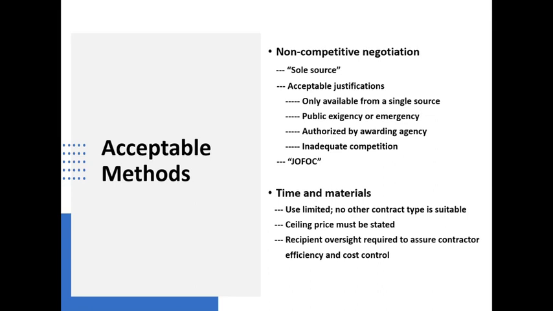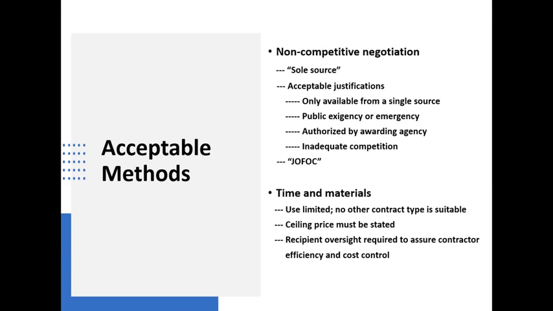Now, the final method or justification is where there's inadequate competition. But this is not something you know going in. The expectation is you'll go out for competition and you'll find that you don't get any offers, or the offers you get are not responsive or responsible.